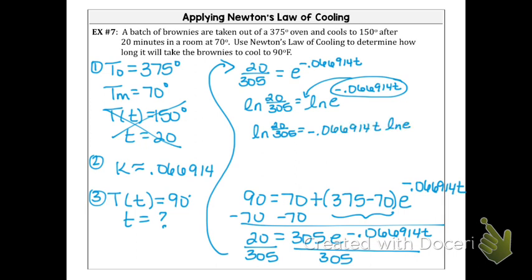Remember, we can work out that natural log of e. The base of e is the same as that e right there, so therefore we know it's going to be equal to 1. The natural log of e is just 1, so I'm going to 1 times the t is still the t, so I'm going to cancel that out. Divide by that negative 0.066914 to get t by itself.